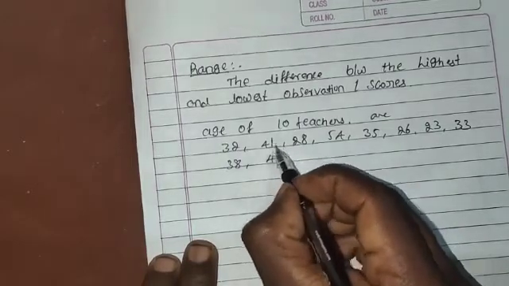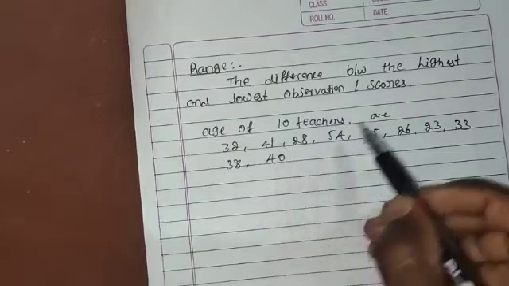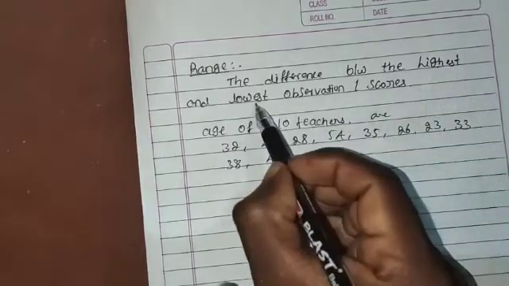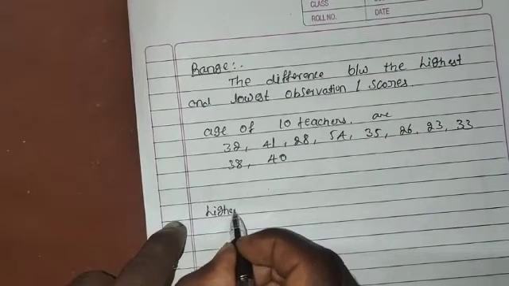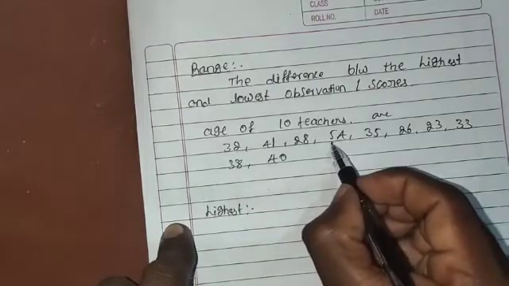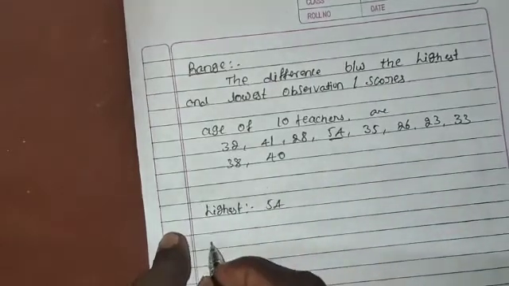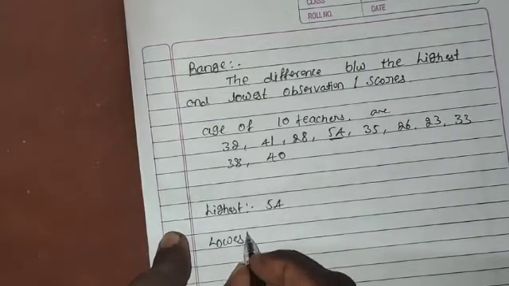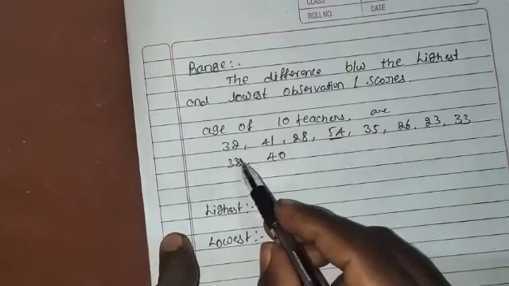Here we first have to find the highest score and the lowest score. Which is the highest score? In the given scores, 54 is the highest. Then we have to find the lowest.